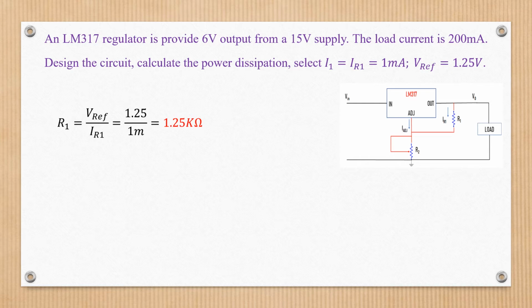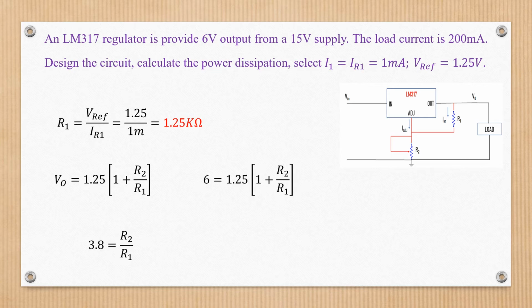To find the value of resistance R2, we will use the output expression V0. So V0 is nothing but 1.25 times 1 plus R2 divided by R1. In this expression, we have neglected the value of the adjustment current, since it is very small. Substituting the value of V0, which is given as 6, 6 is equal to 1.25 times 1 plus R2 divided by R1.